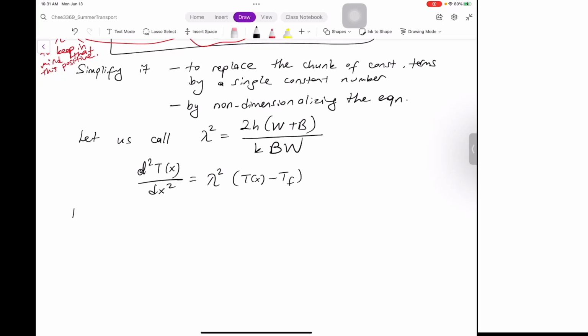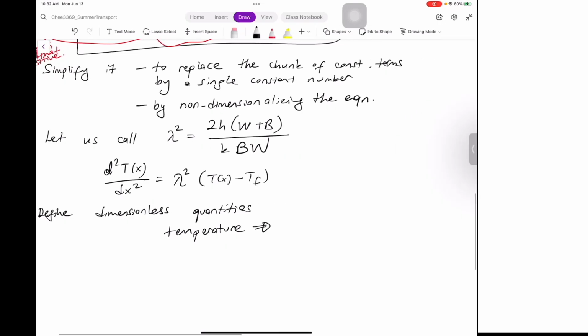So let's define dimensionless quantities. For temperature, let's call it theta, the dimensionless temperature.